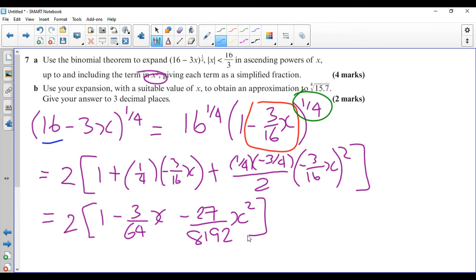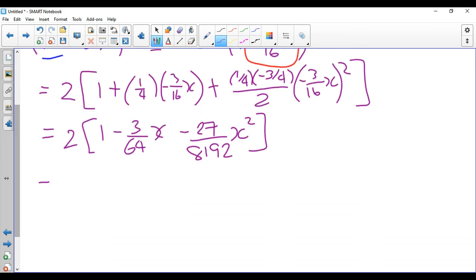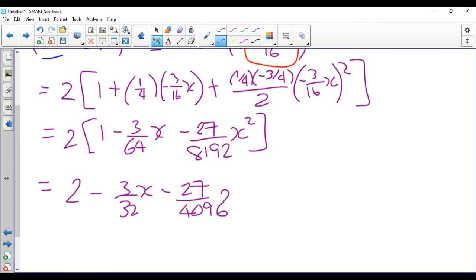Not the nicest of expansions. Multiply the 2 in and you get 2 minus 3 over 32x minus 27 over 4096x squared.